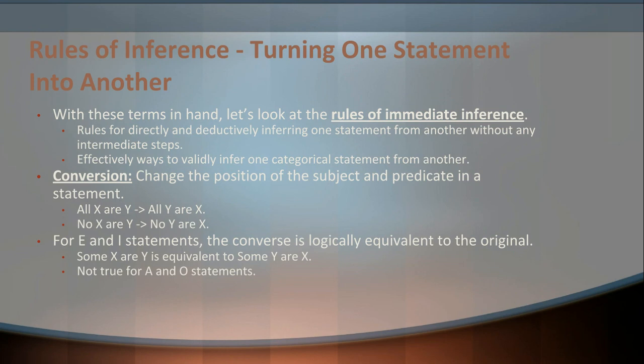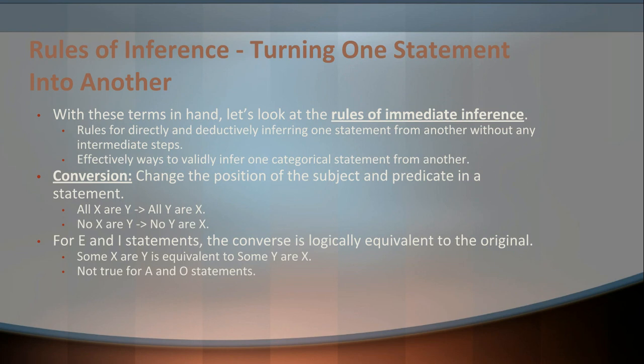This is the process where all we do is we simply flip around the statement that we're talking about. So all x are y becomes all y are x. No x are y, no y are x. Some x are y, some y are x, and so on. We just literally take the 2 terms and we rotate them, we flip them.